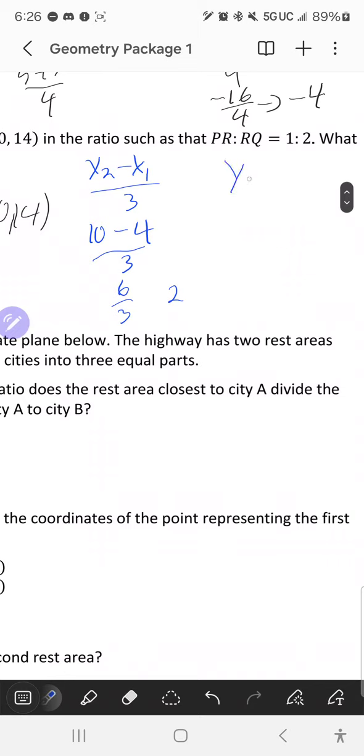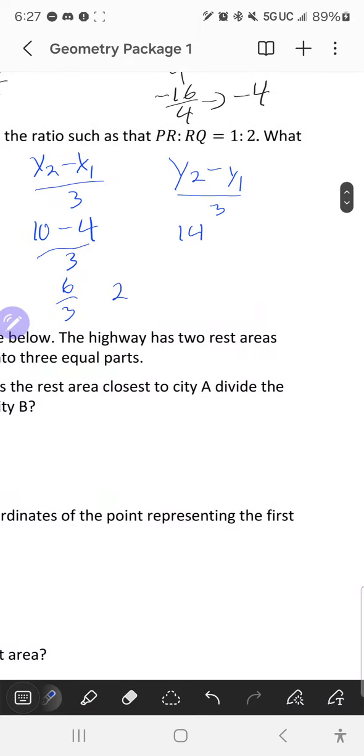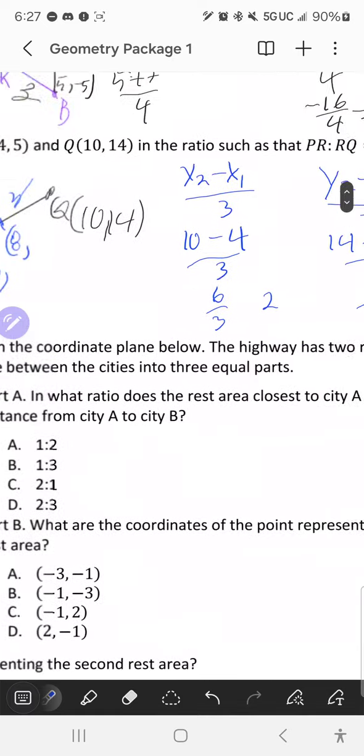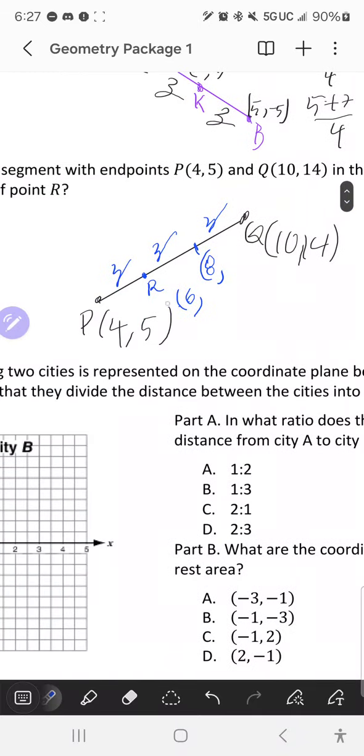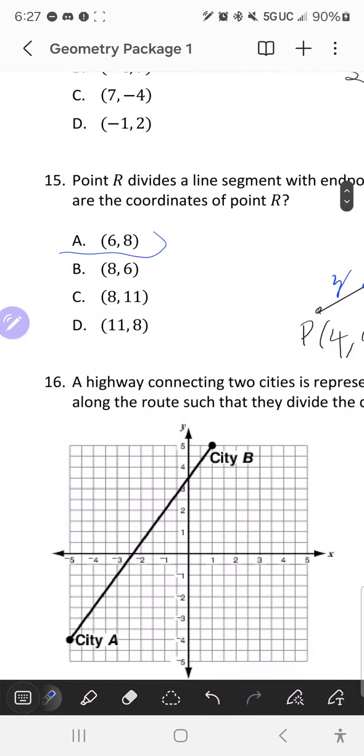Now the change in the y is y2 minus y1 divided by 3, y2 being 14, y1 being 5, so this is 9 divided by 3, and this is 3. So the change in the y is positive 3, so 5 plus 3 is 8, 8 plus 3 is 11, and 11 plus 3 is 14. So we know that point R is going to be 6, 8, as we already calculated.